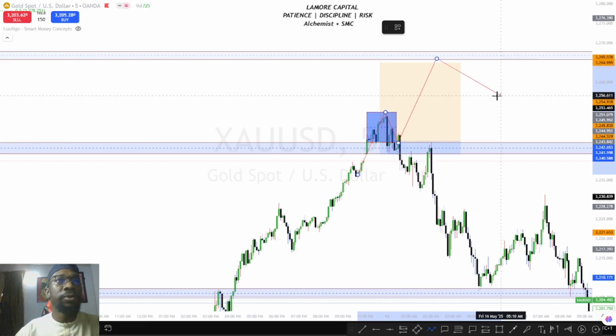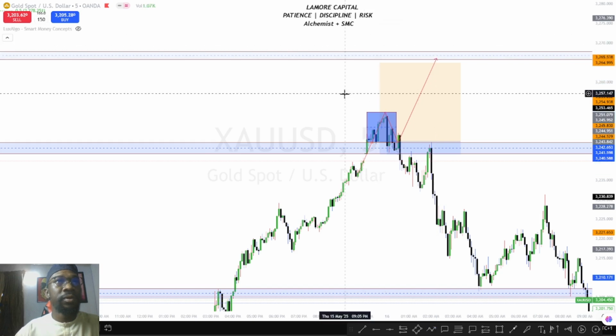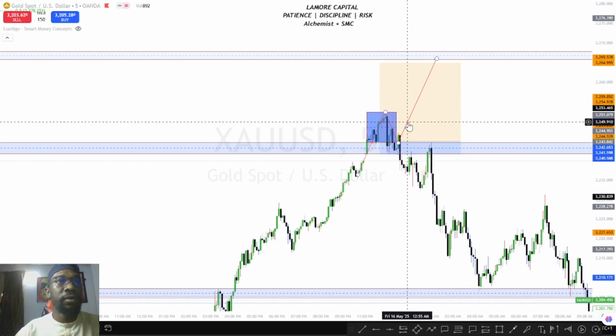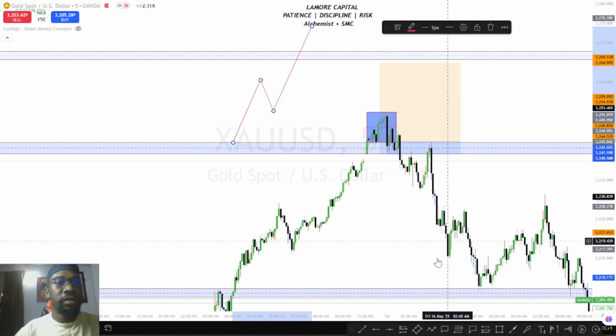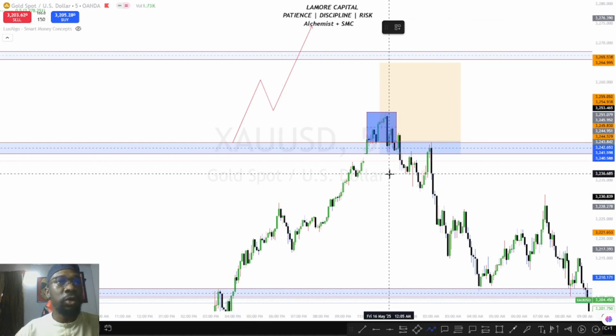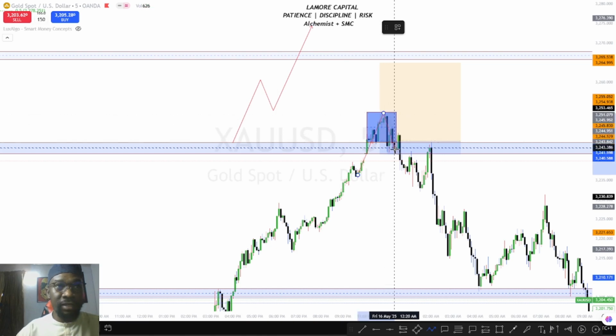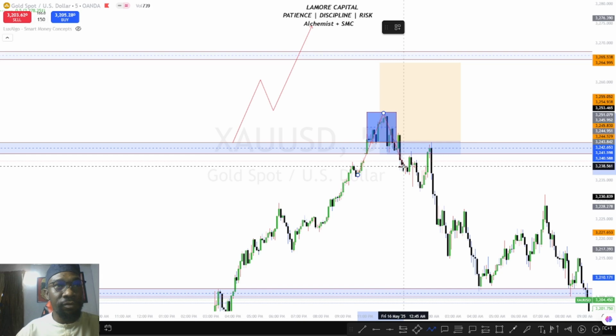But what happened? Irrespective, this is what happened. That's our break and retest. But on the other hand, this is what happened. Manipulation, instead of retest, break of key level. Can you see? Break of key level.